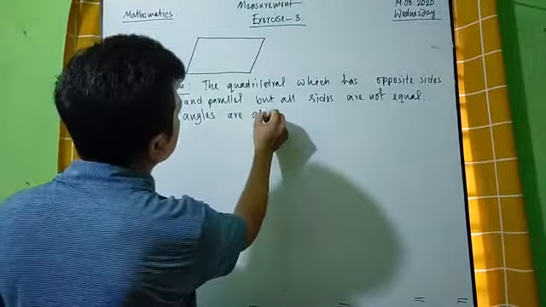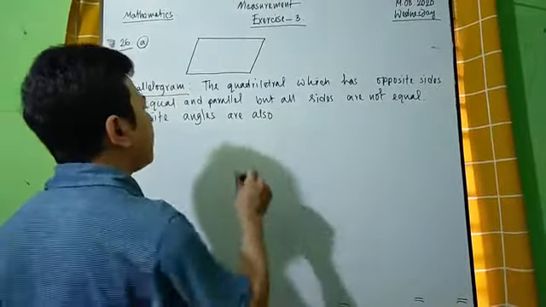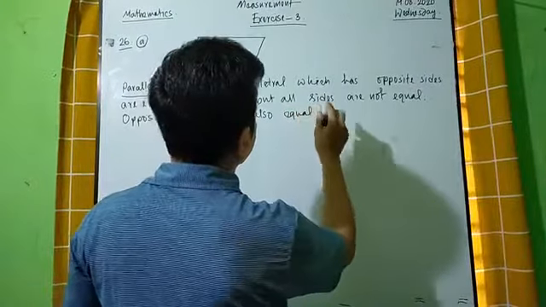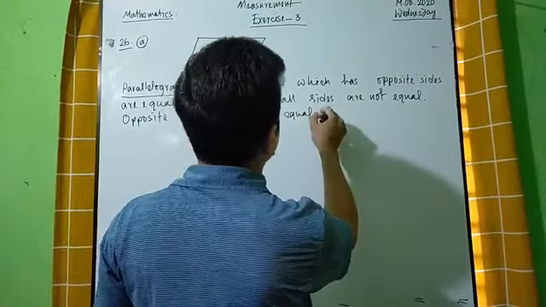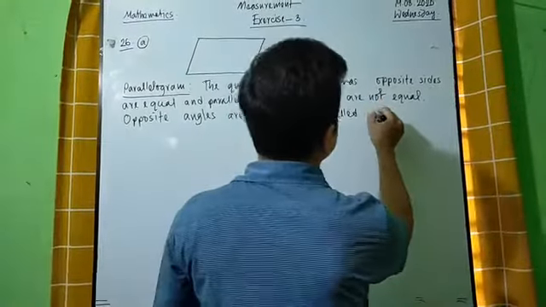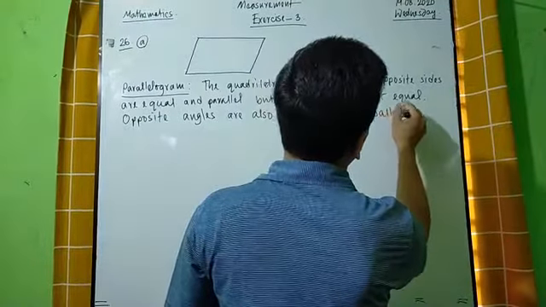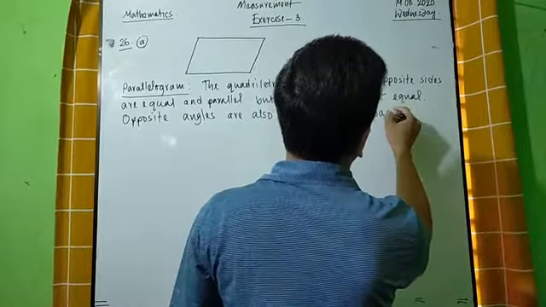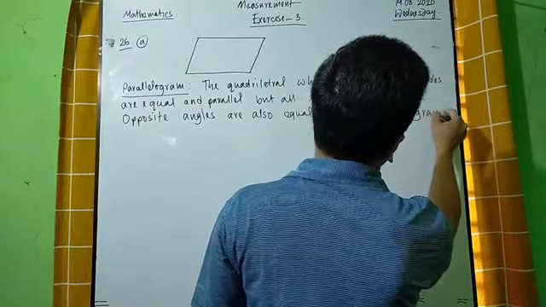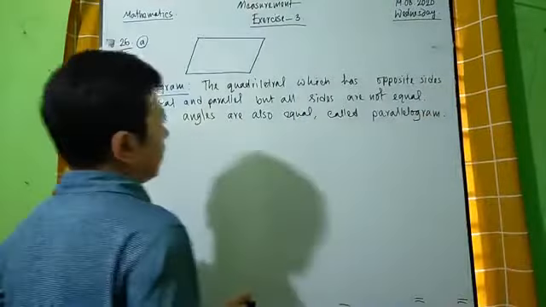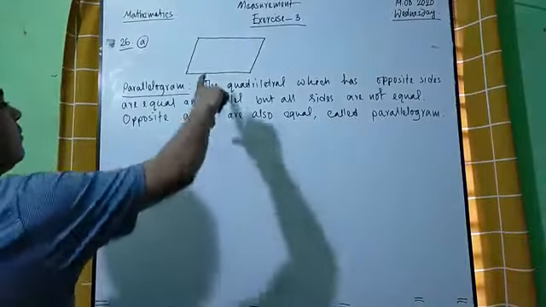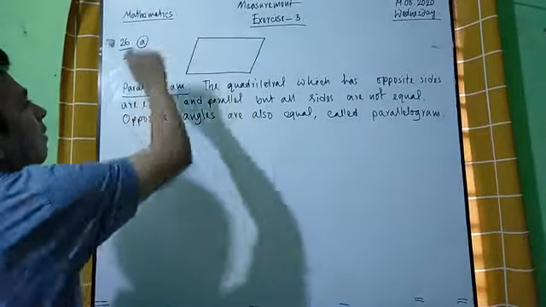Opposite angles are also equal, called parallelogram. So part A we have done. This is the definition and this is the diagram.